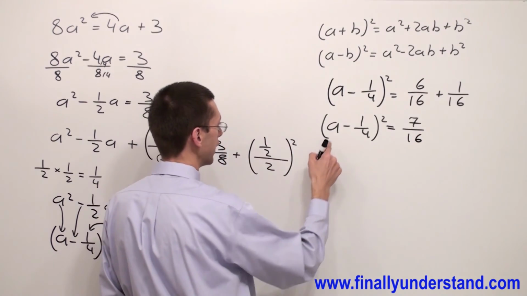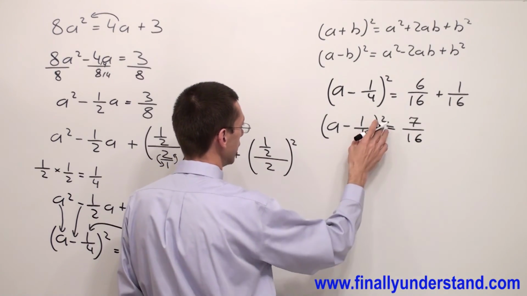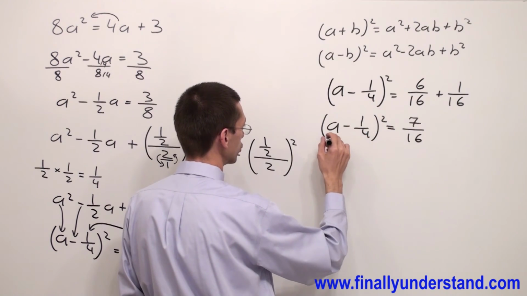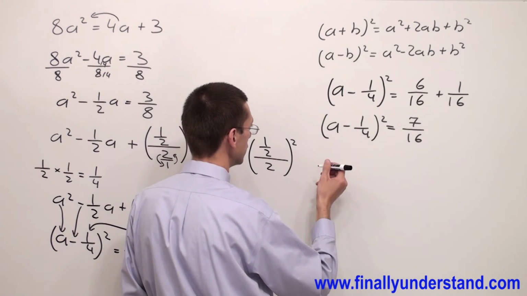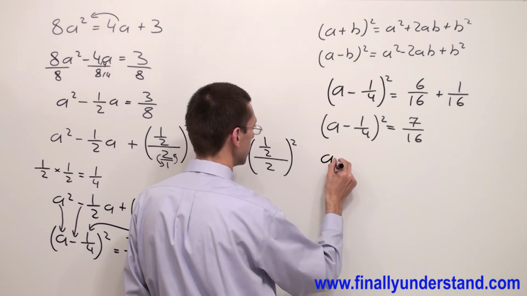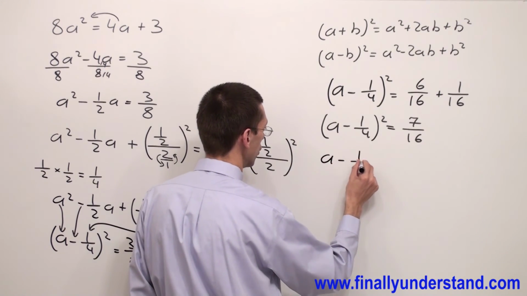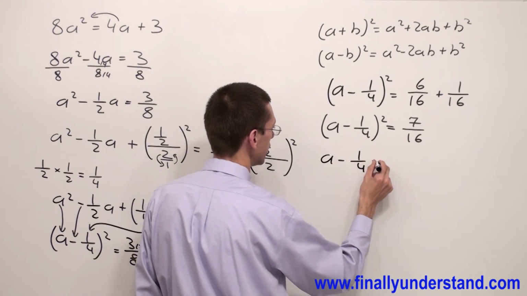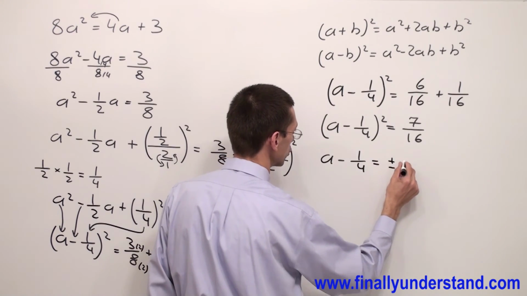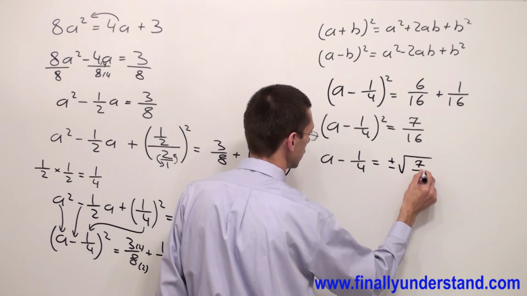In order to find a, I have to eliminate this exponent. So I have to square root both sides of the equation, and I'm going to have a minus 1/4 equals plus or minus square root of 7/16.